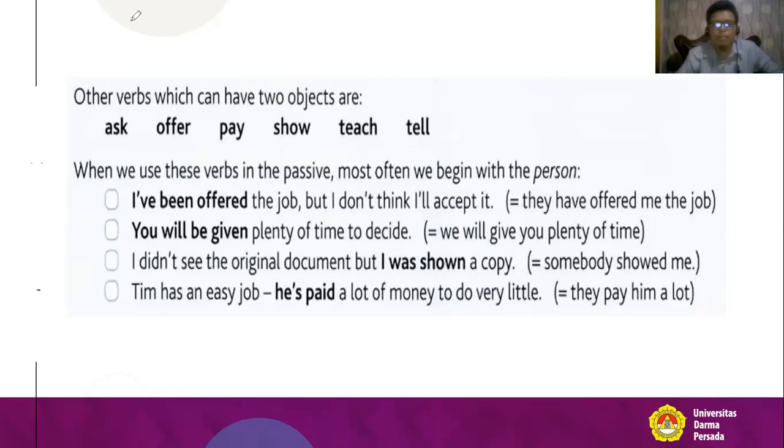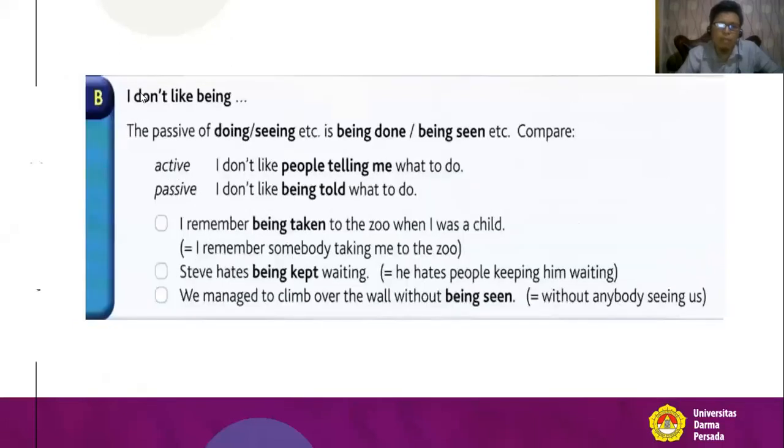Okay, now we go on to the next thing about passive three. We are talking about the passive with being. The passive for doing, seeing, etc. is being done and being seen, etc. Compare.